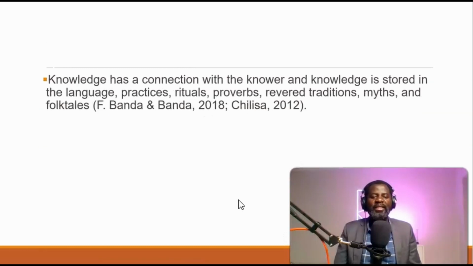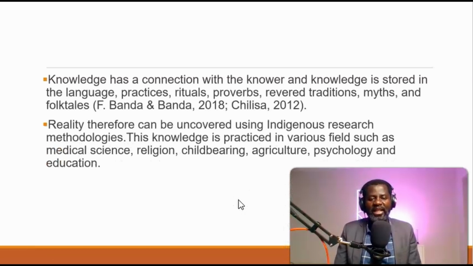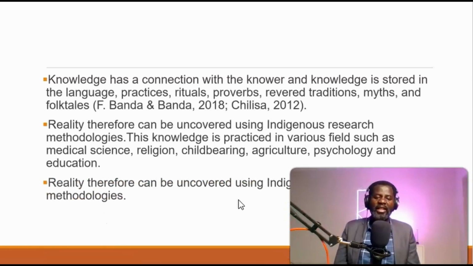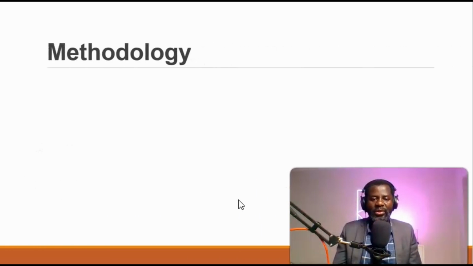Knowledge has a connection with the knower, and knowledge is stored in their language. Reality, therefore, can be uncovered using indigenous research methodologies. This knowledge is practiced in various fields such as medicine, science, religion, childbearing, agriculture, and other forms of education.